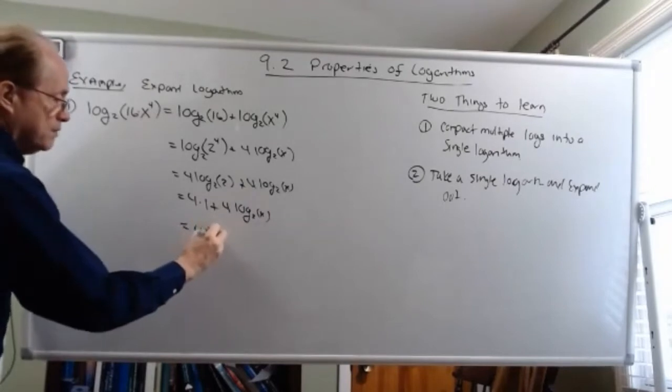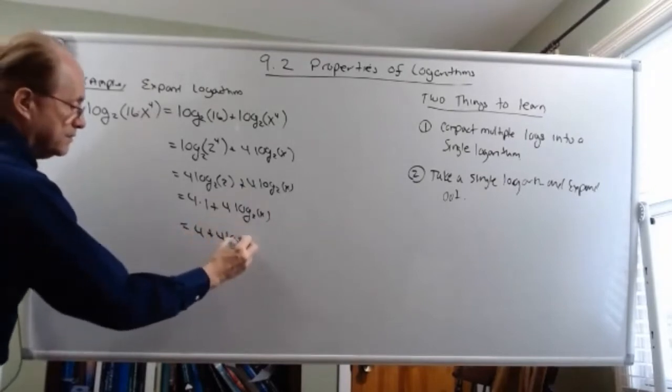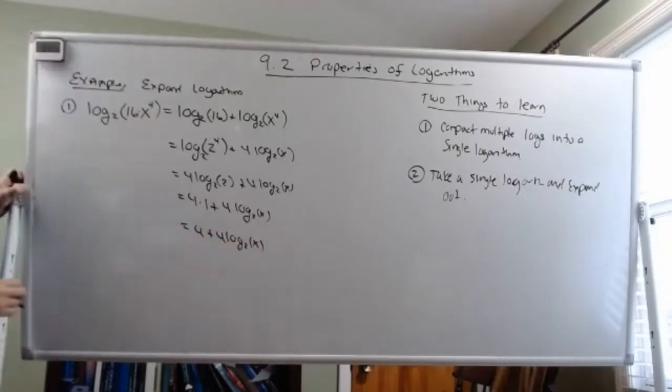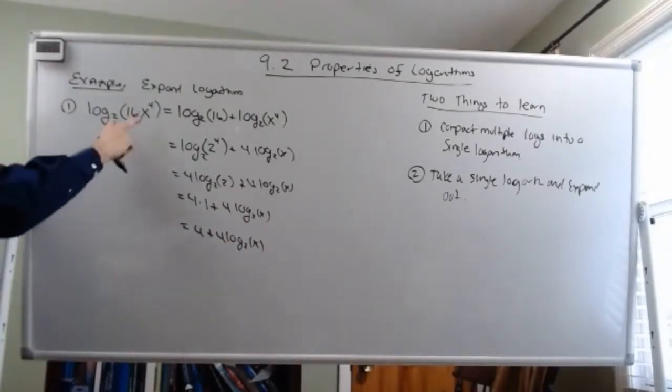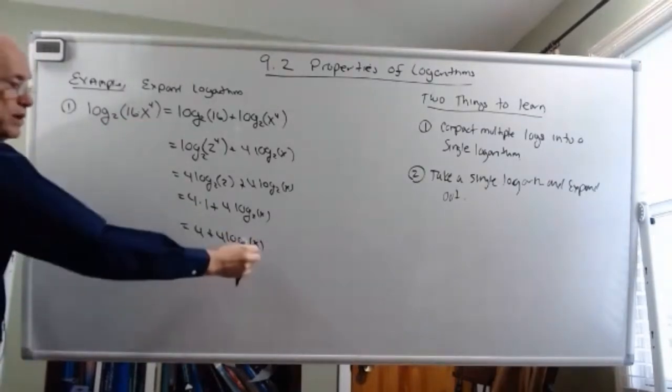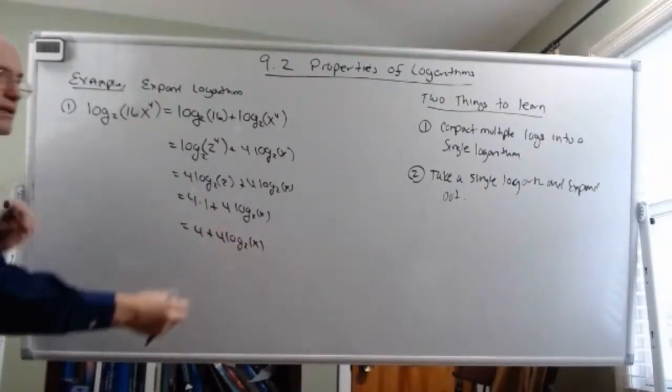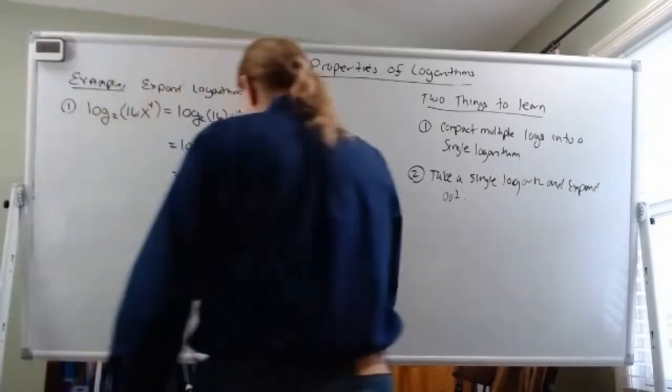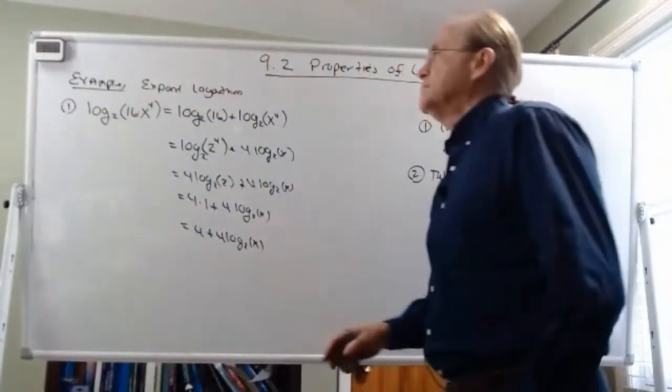So it's equal to 4 plus 4 times the log in the base 2 of x. Very simple. So I brought from a single logarithm to an expanded version where I just have log of a simple variable in the argument. Notice the only thing I have here is just the variable.